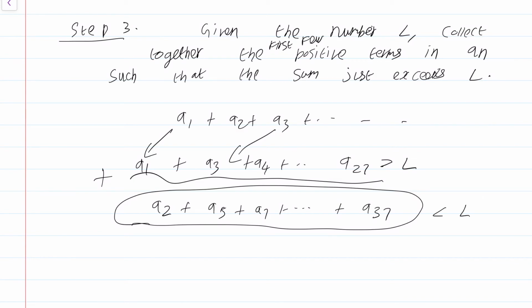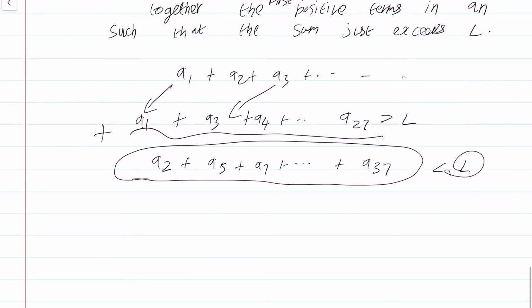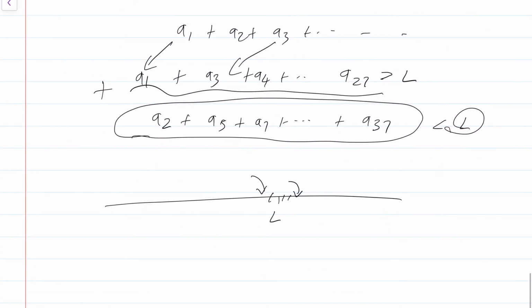When you sum up the first few positive terms and the first few negative terms, it will become less than L again. Go all the way till it just crosses L, but from the other side. Okay. So intuitively the picture is L is here. You first landed here, then you're slowly decreasing by adding terms, and then just when you cross L again, you stop.